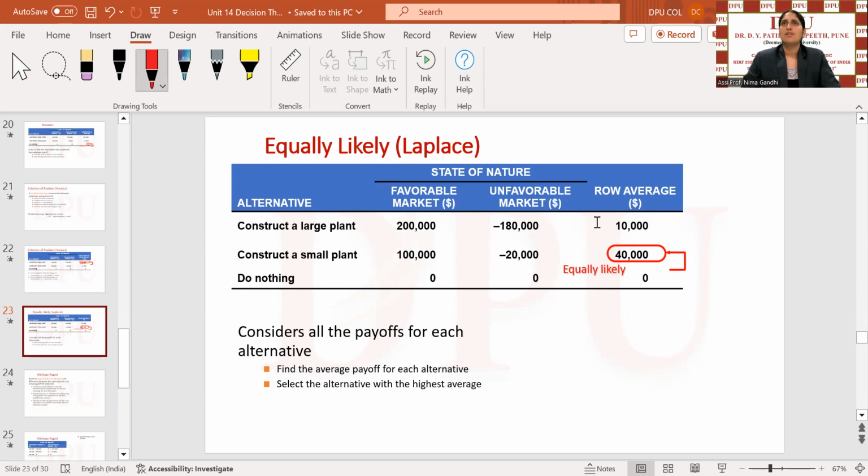So your row average is 10,000. 1 lakh minus 20,000, sorry, that is 80,000 divided by 2, that is 40,000. For the third alternative, the value is 0. So you are finding out the maximum of these three, that is 40,000. So by this equally likely criteria, you are selecting the second alternative: construct a small plant.